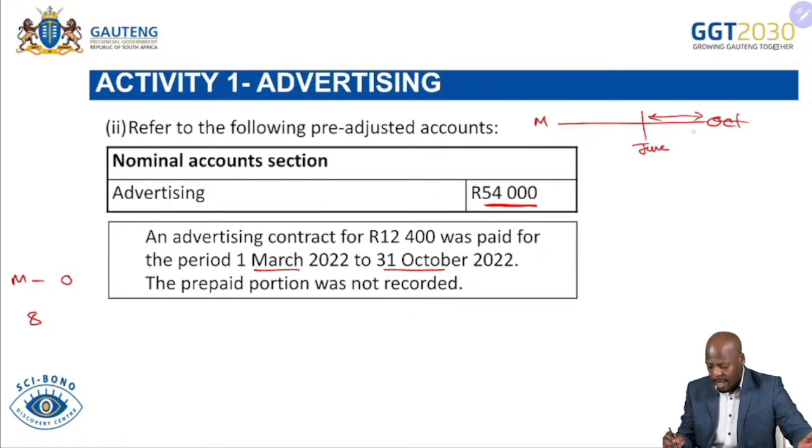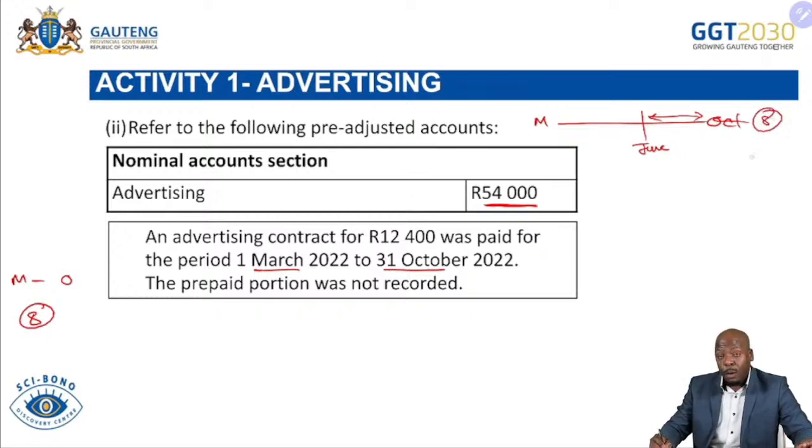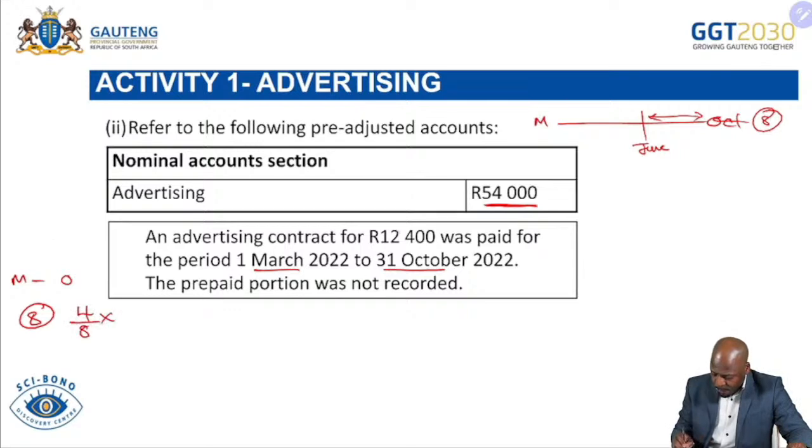How many months is that going to be? Someone is telling me it is 4 months. So of the 8 months, 4 of them have been paid in advance. So what is it that we want? We want 4 over 8 of the 12,400.